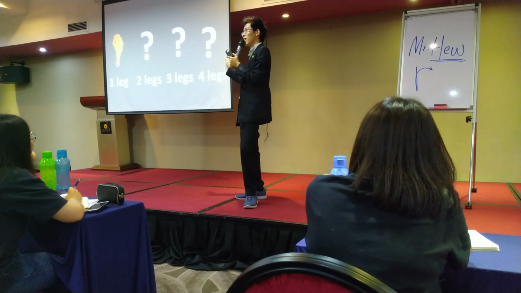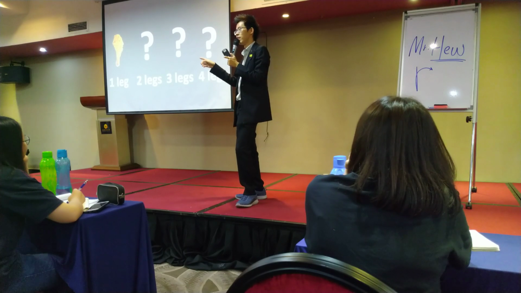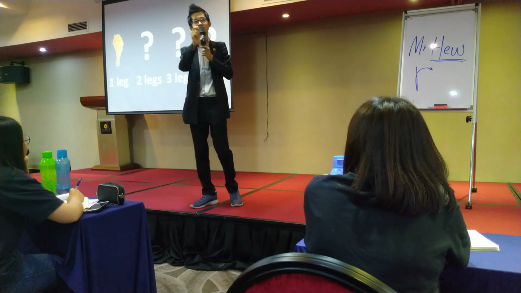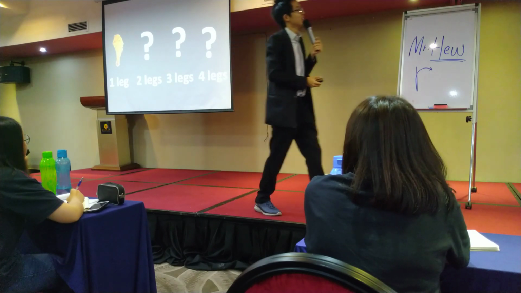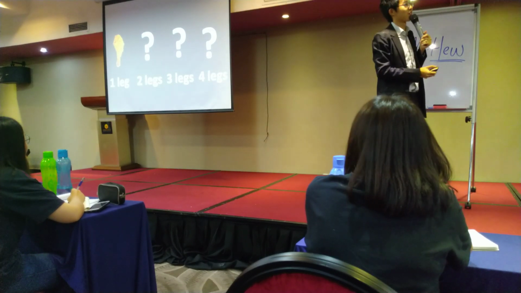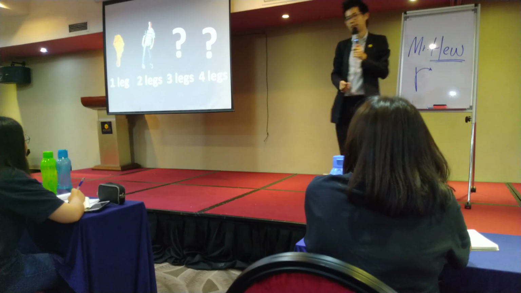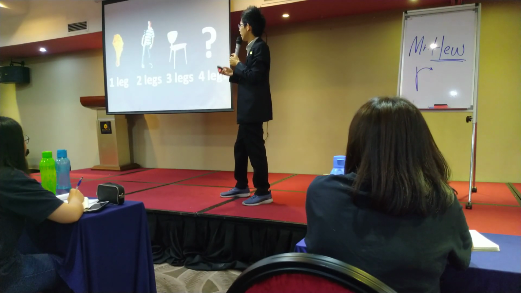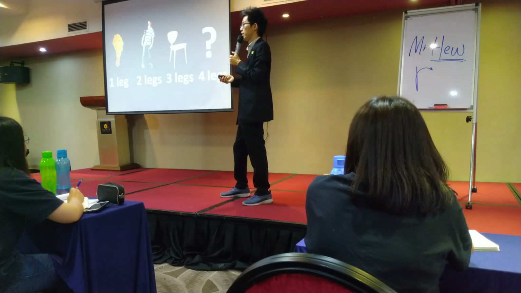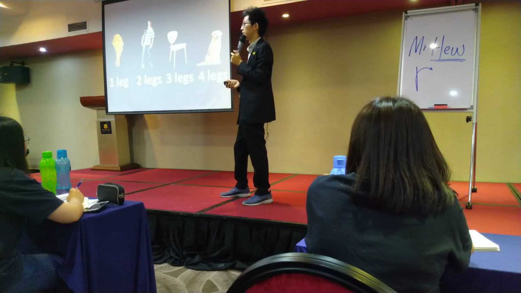I used to hear students say, I want to buy a chicken leg. So what is 2 legs? A human, a guy. What is 3 legs? A kind of chair with 3 legs. And then what is 4 legs? An animal, a dog.